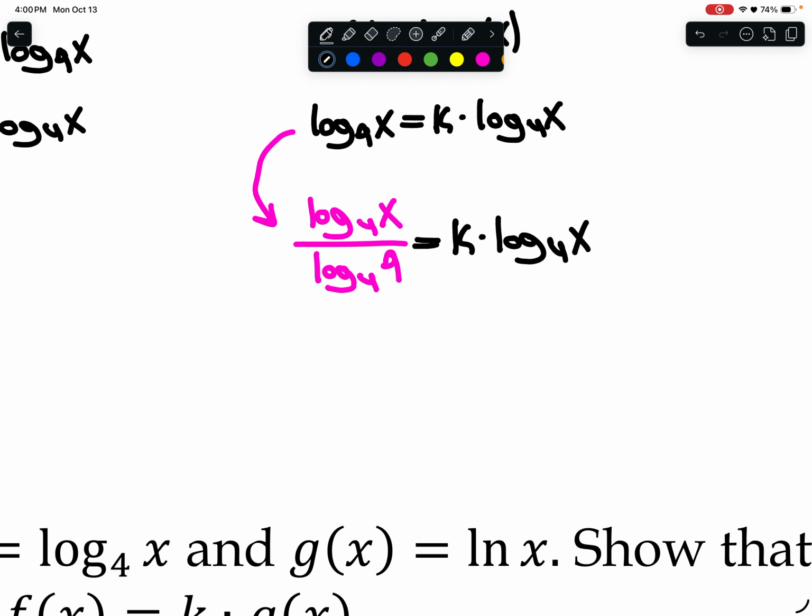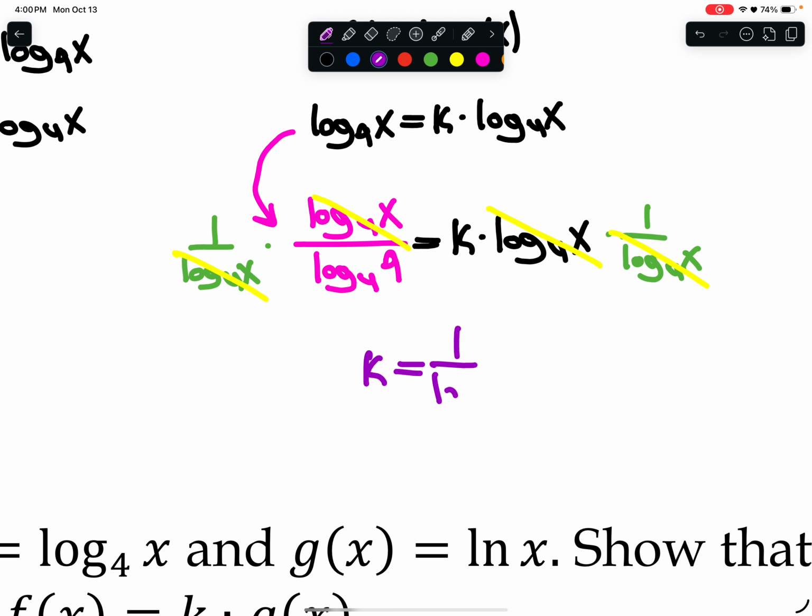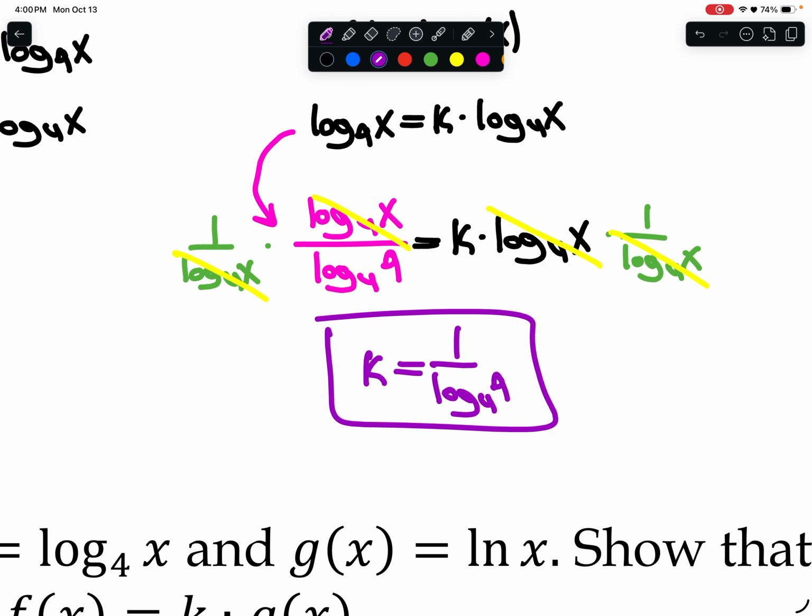So I'm going to multiply both sides by 1 over log base 4 of 9. So log base 4 of x, log base 4 of x, log base 4 of x, log base 4 of x. Those are all going to cross out. So we're left with a k value of 1 over log base 4 of 9. Sorry about that, y'all.